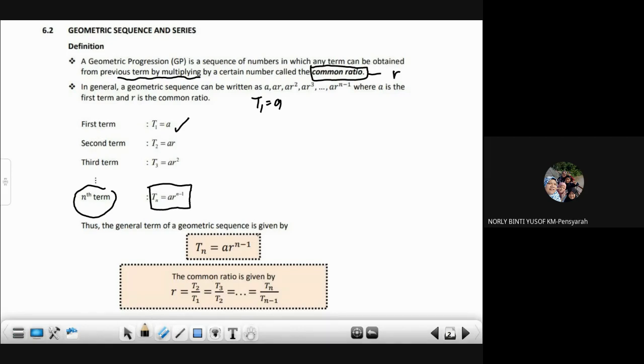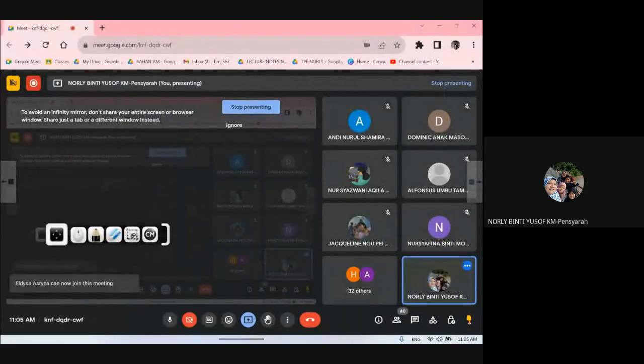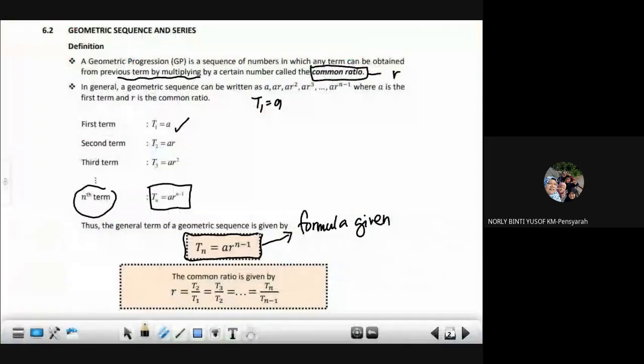Okay, so the general term ini sama given in the list formula exam. Jadi tak perlu hafal lah, tapi perlu know how to use the formula of Tn and Sn dalam geometry.